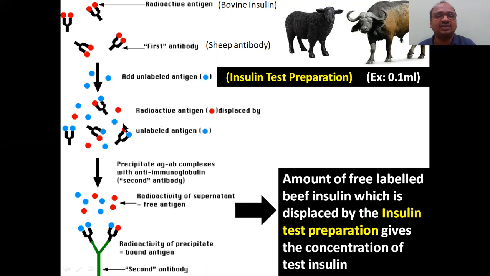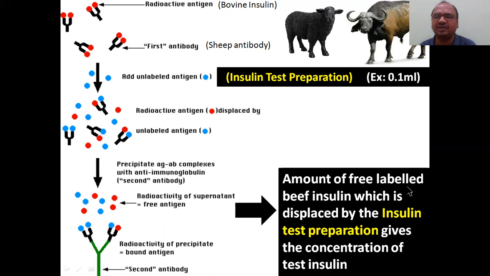So how do you calculate that? Now you precipitate the antigen antibody complex, and a secondary antibody will come. That is not so important, but how much radioactive supernatant, that is, if you go for centrifugation, the free antigens will come on top. That you have to detect by radioactivity.